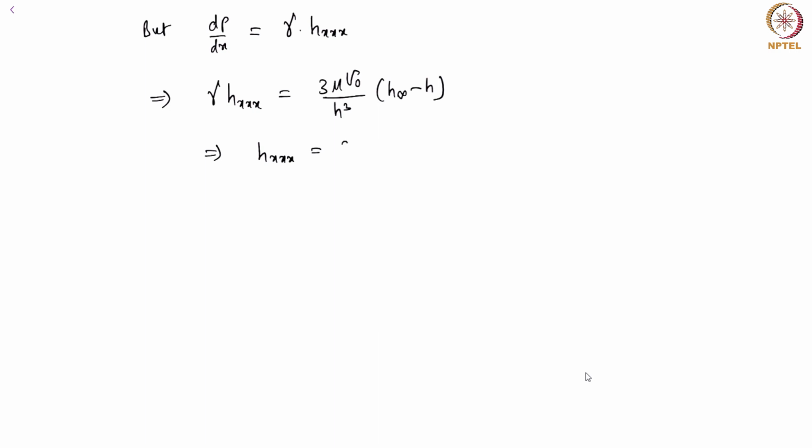and this gives me the following equation: 3 times capillary number, mu u naught by gamma is capillary number, times h infinity minus h divided by h cube.